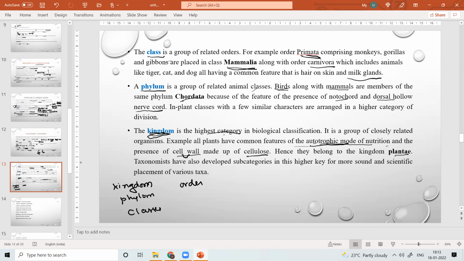One order may consist of related families, and in one family you can find related genera. The plural term for genus is genera. In one genus you can find related species. A species may also be subdivided into subspecies sometimes.